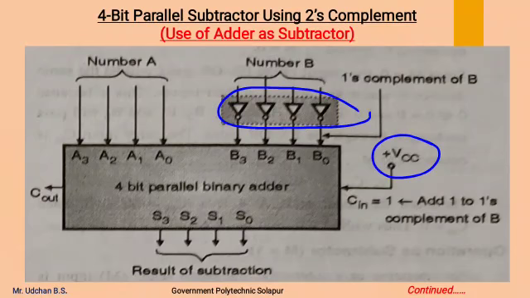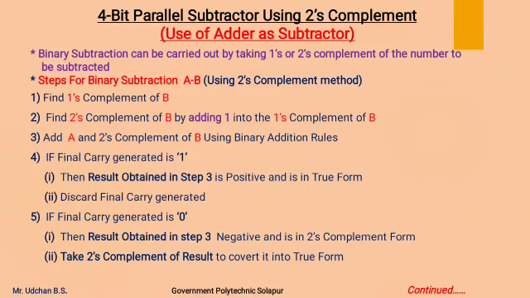Now we know the binary subtraction rules using the 2's complement method, in which first we find the 1's complement of B. After that we find the 2's complement of B by adding a 1 to the 1's complement of B. After that we add A and the 2's complement of B using the binary addition rule.